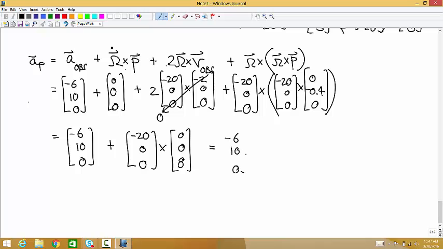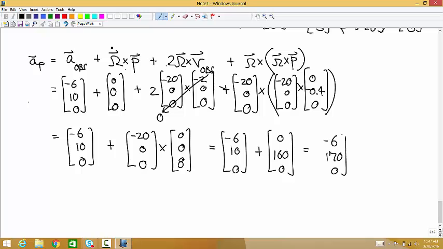Negative 6, 10, 0, plus 0, positive 160, 0. And so you get negative 6, 170, 0. Any questions about that one?